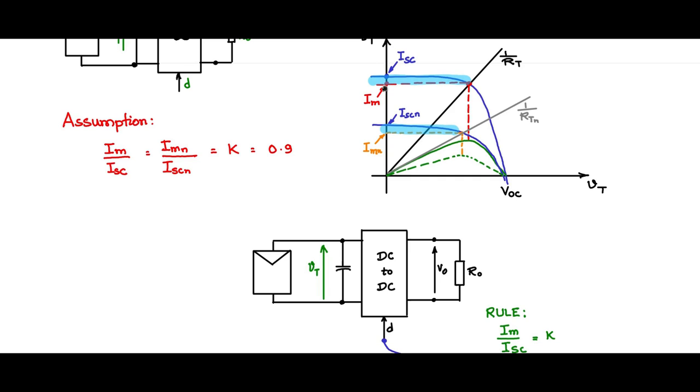In such a case, if Im is flowing, then the operating point will be very near to the peak power point, and then the load line presented to the PV is automatically the load line corresponding to the maximum power point.